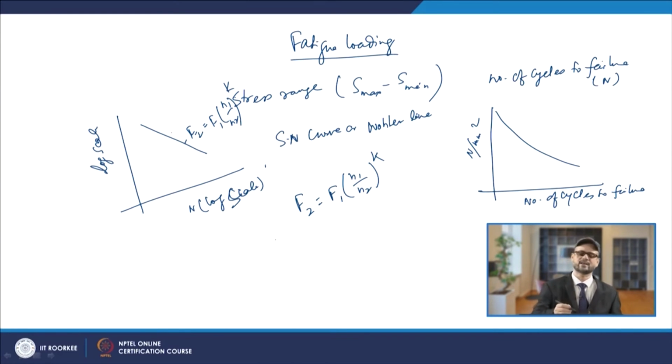Now, this constant k will be varying, and its value is normally close to 0.13, whereas it is about 0.18 when we use axial loading, so tension or compression. In those cases it may go up to the value of 0.18.